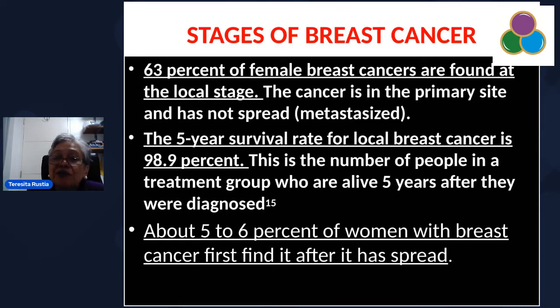So 60% of female breast cancers, and most likely these are benign. Now, the 5-year survival rate for local breast cancer is 98.9%. Why? Because most likely the abnormal cells are benign. This is the number of people in a treatment group who are alive 5 years after they were diagnosed.